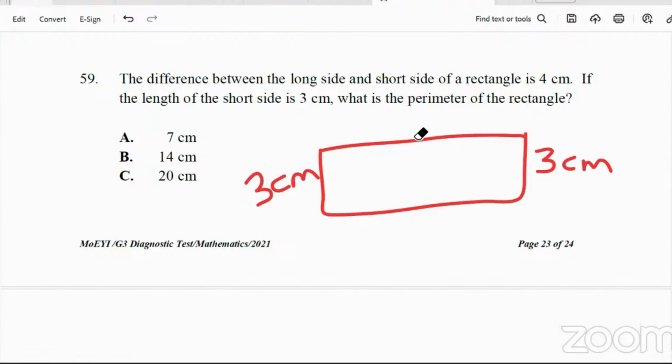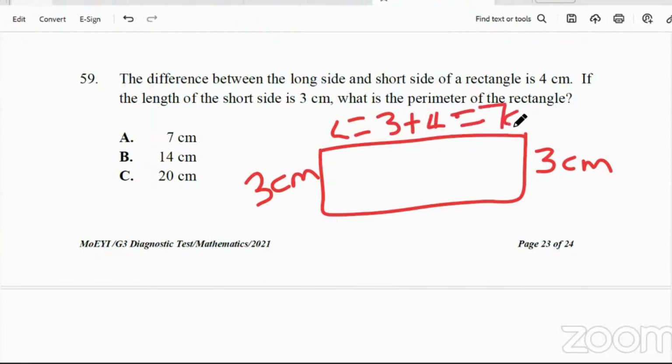So of course, we simply add back that 4 centimeters to the 3 to give us the total. So the length, I'm going to put length here since that's what we're trying to find, would equal 3 plus 4, okay?